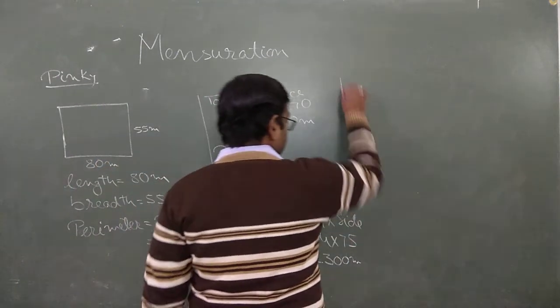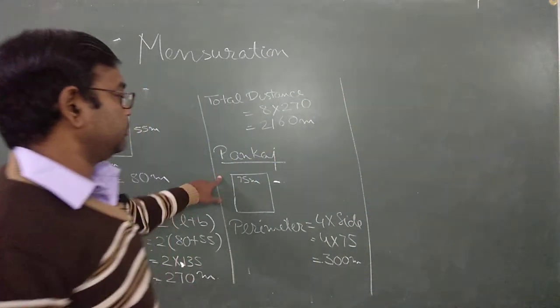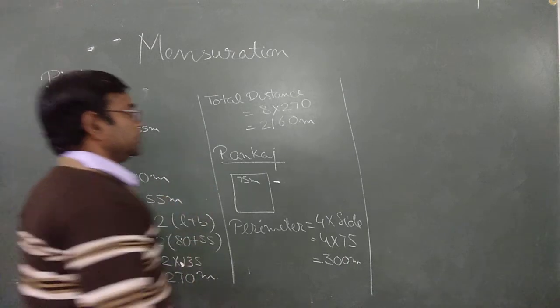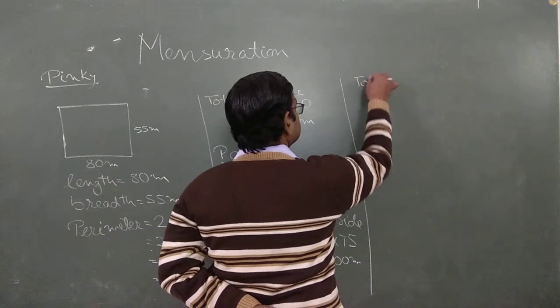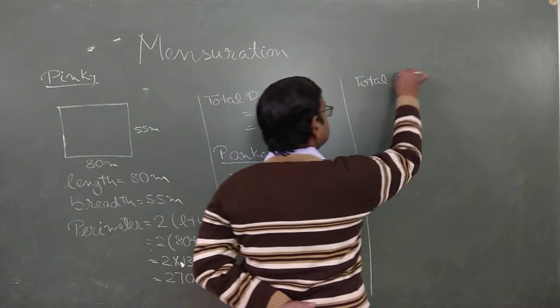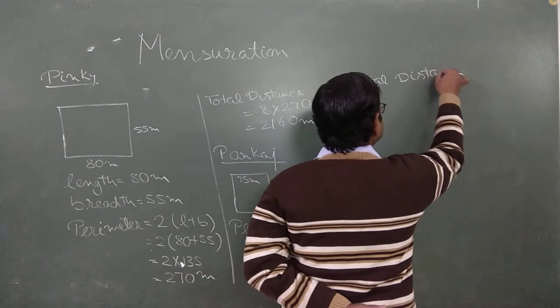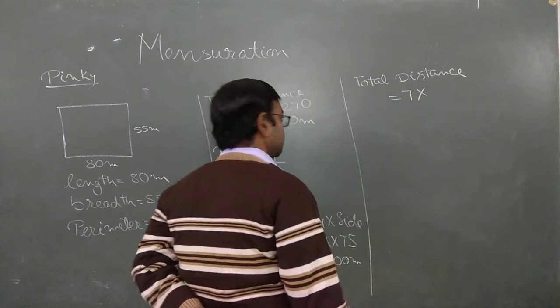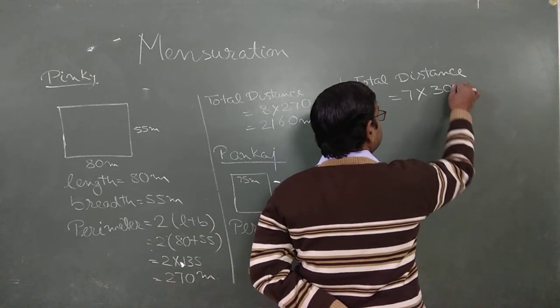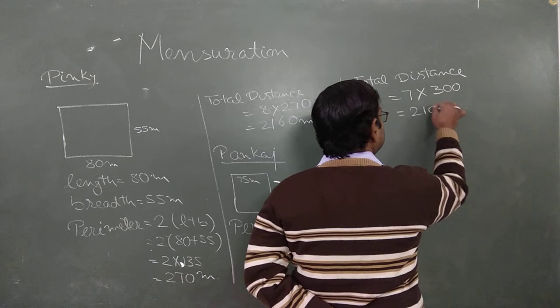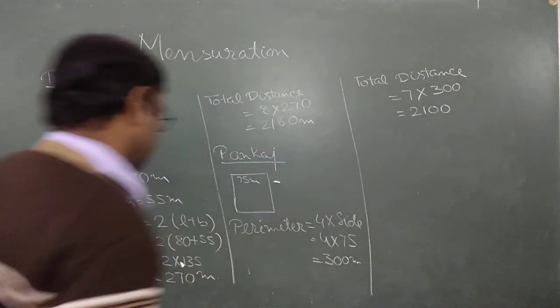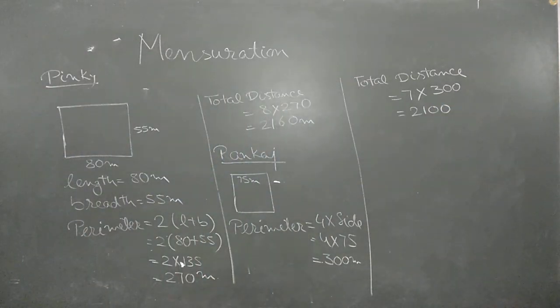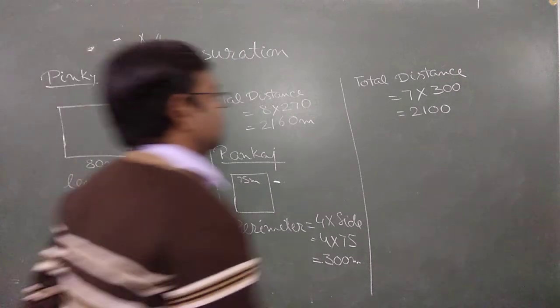Now total distance of Pankaj, I am talking about Pankaj, take 7 rounds, 7 into 300, it's 2100 meter.